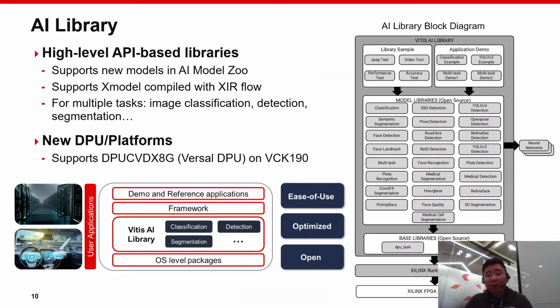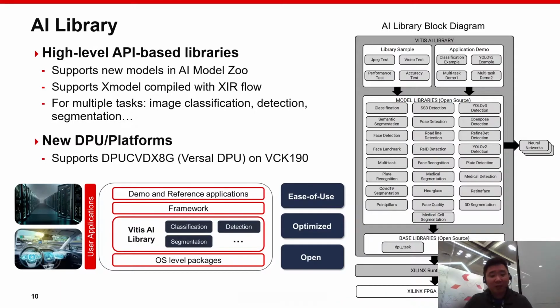Vitis-AI Library provides high-level C++ or Python APIs based on libraries and mainly focuses on 3 aspects: ease of use, optimization, and open source. For ease of use, the AI Library provides reference code of pre and post processing for all the models in the model zoo.